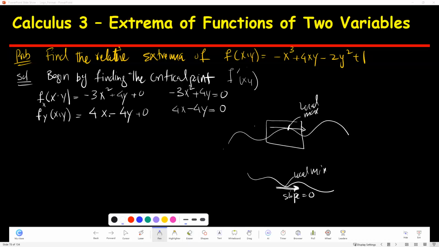Maybe I can just add these two equations. Both equations have 4y, so when I add them, the y term is removed and only the x term is left over. If I substitute x equals y, I find the critical points by solving equations 1 and 2.